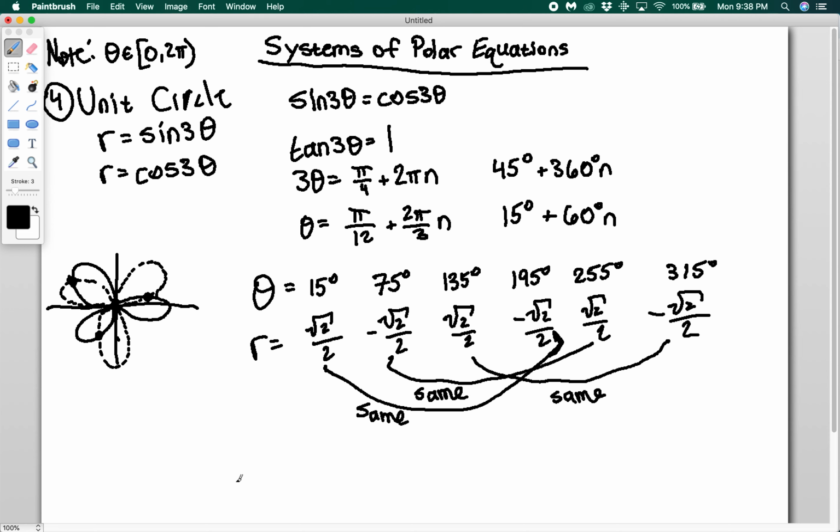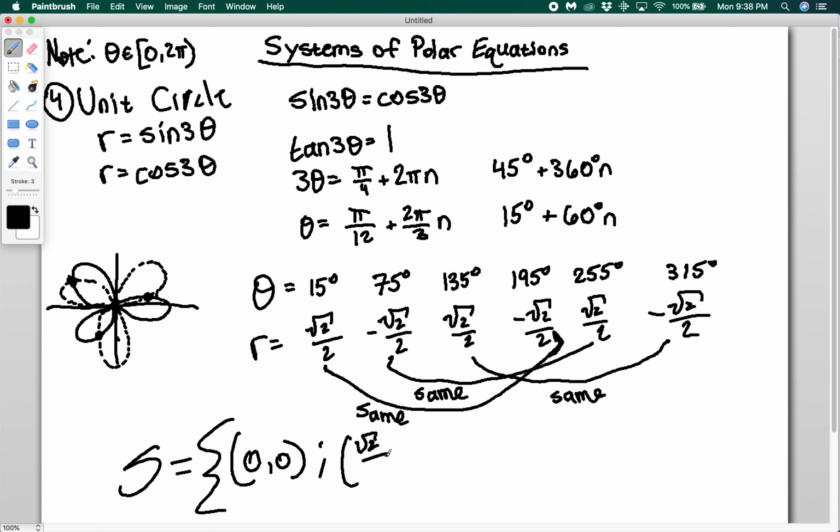Which means, really, we end up with a nice solution set of 0, 0, root 2 over 2, 15 degrees, or pi over 12. You get negative root 2 over 2, 75 degrees, and root 2 over 2, 135 degrees.